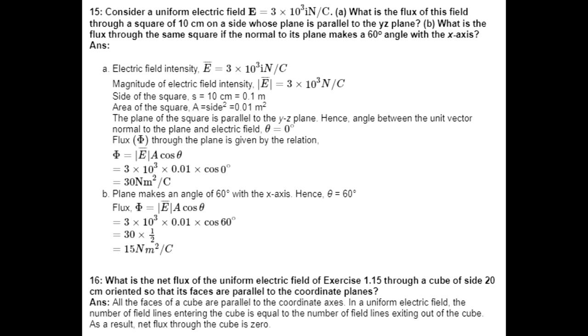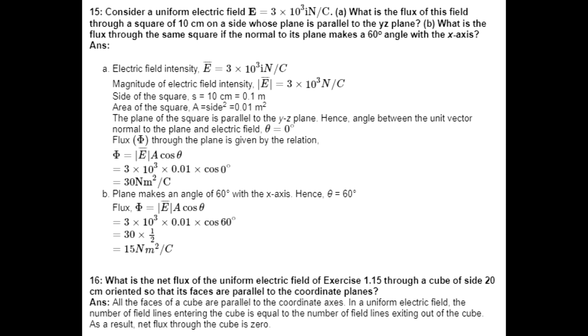Here the area vector and electric field will be parallel. Theta is 0 degree. So flux phi is E dot A, that is EA cos theta. Cos 0 value is 1. So multiplying E and A, it comes around 30 Newton meter square per Coulomb. Now, if theta is 60 degree, then cos 60 value is 1 by 2, so this value will become half. So it is 15 Newton meter square per Coulomb.